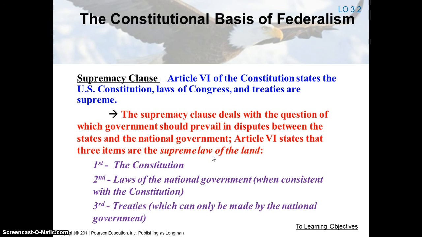National law is the winner here. And then finally, treaties. Only the national government can make treaties with other nations in the first place. So any treaty that gets made, if there's a state law that's in conflict with the treaty, the state law goes bye-bye. And this is part of federalism because it's the working relationship of the national government and the state governments here. Don't forget that.